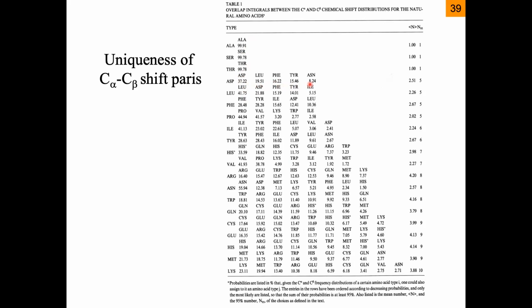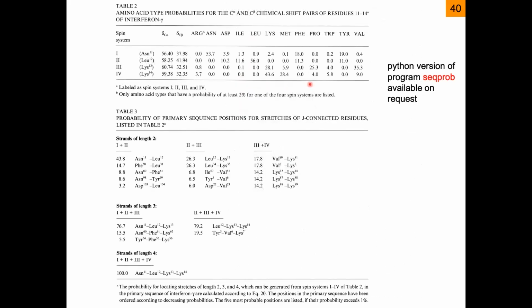So this is not very strong, but it becomes stronger when you have a connection between several amino acids where you detect C alphas and C betas. And this is now the example from this interferon gamma. This was a stretch of 4 sequential amino acids where you have measured C alpha and C beta chemical shifts.